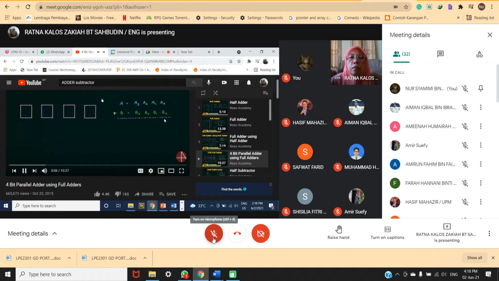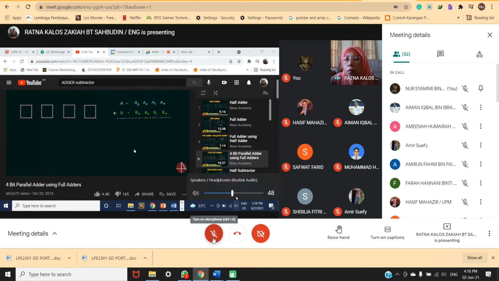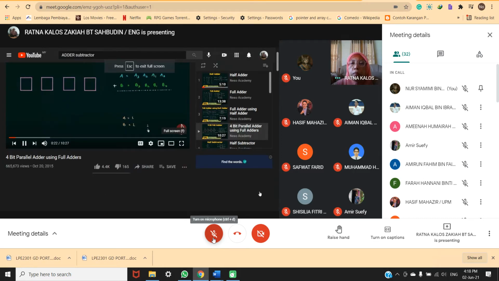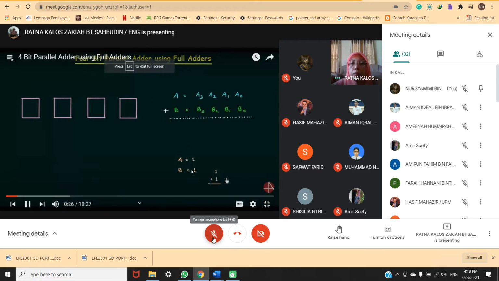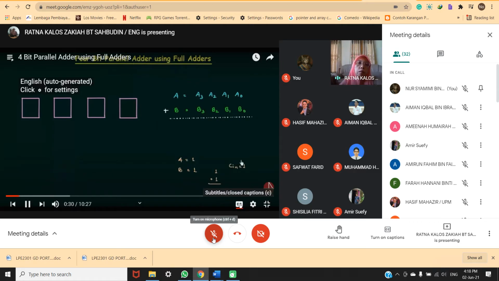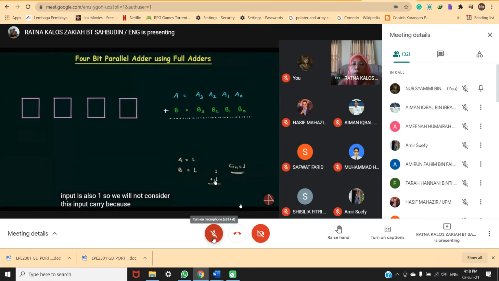Welcome to this presentation. Let's revise what we have learned till now. We have added two single bit numbers. Let's say A is the first number, equal to 1, and B is the second number, also equal to 1. We have added them with or without carry. If I add them without carry, even if the carry input is 1, we will not consider it because we are using the half adder.